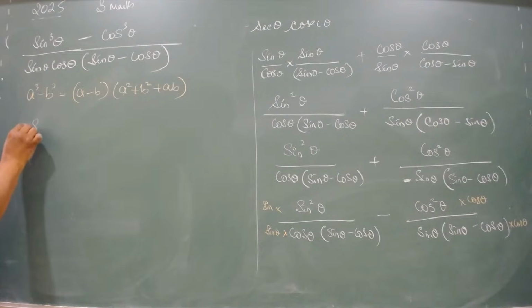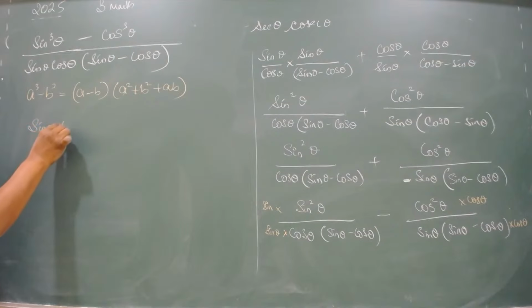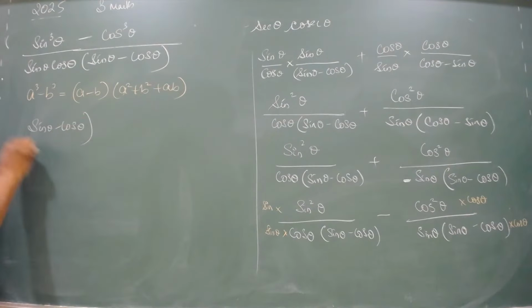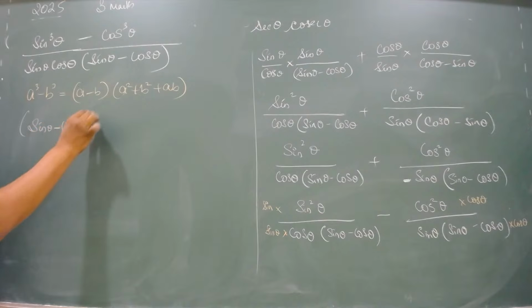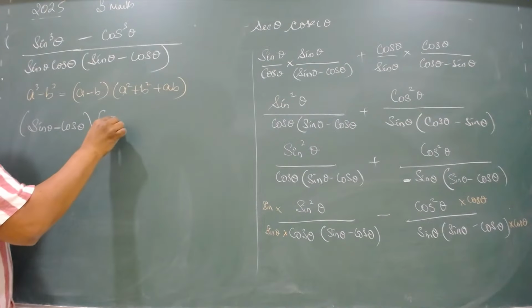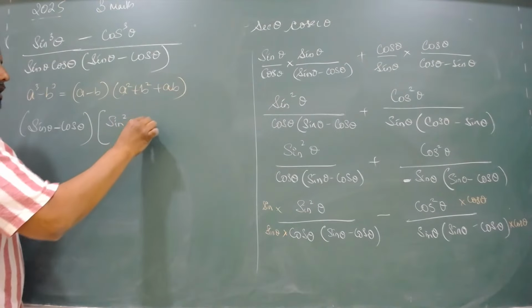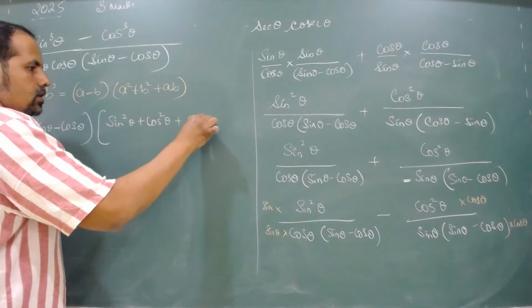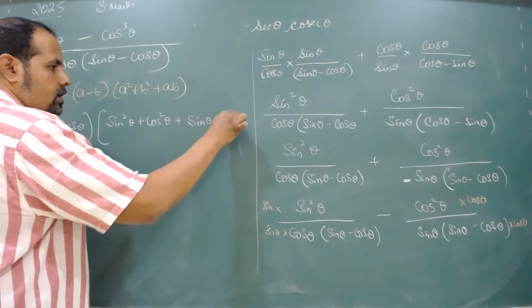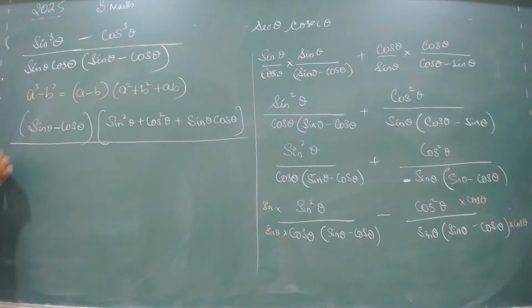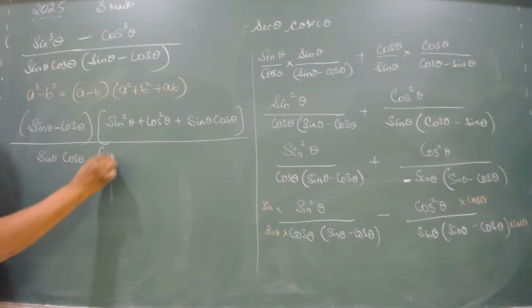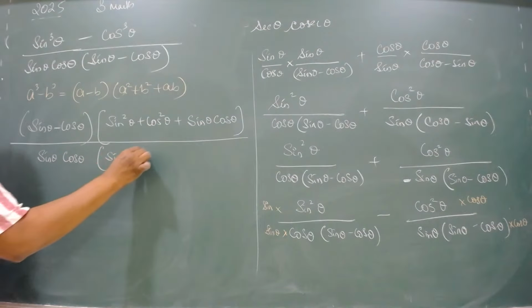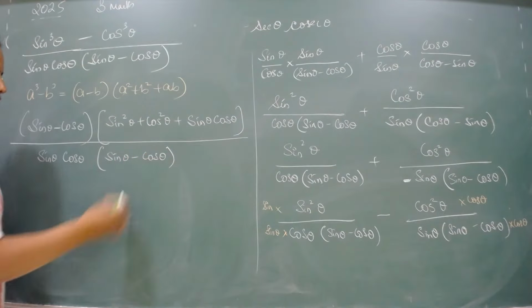Look at here. Sin theta minus cos theta within brackets sin square theta plus cos square theta plus sin theta cos theta, divided by the denominator, sin theta cos theta into sin theta minus cos theta.